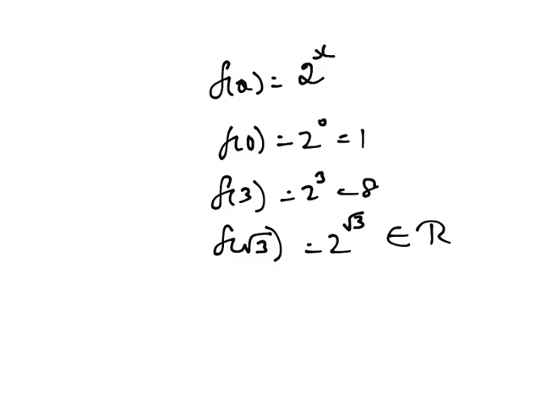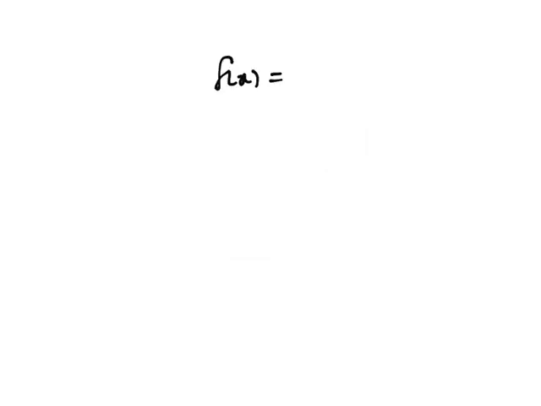Okay. So finally, let us see a logarithmic function. Let's say log x to the base 2. Now again, you know that logarithm is defined only for positive real numbers. Not even 0.